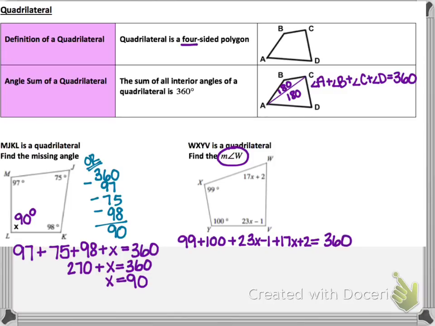So we'll combine all of our like terms. 99 plus 100 minus 1 plus 2, all of that together is 200. 23x plus 17x gives me plus 40x equals 360.